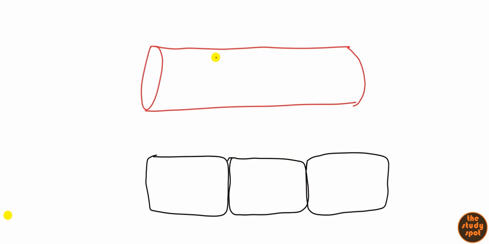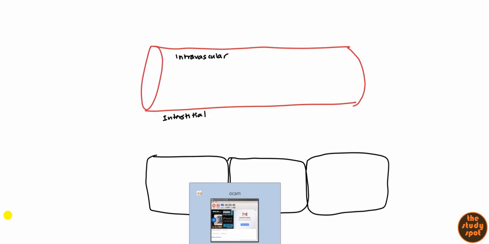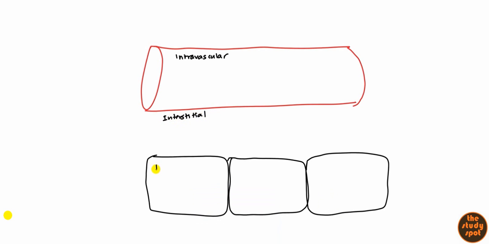The area within the vessel is known as the intravascular area. The area between the vessel and the actual cell is the interstitial area. And the area within the actual cell is the intracellular area, the intracellular compartment.